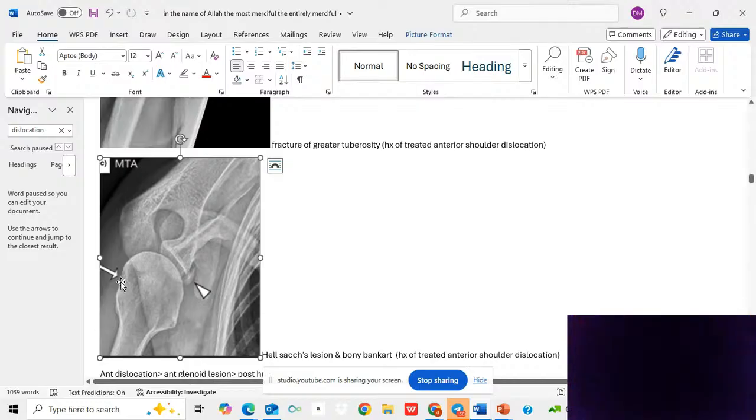Here is a depression on the posterior aspect of the humerus, denoting a Hill-Sachs lesion. This is an associated lesion, a common associated lesion with anterior shoulder dislocation. And here, this is the anterior bony Bankart lesion, a common association with anterior shoulder dislocation.